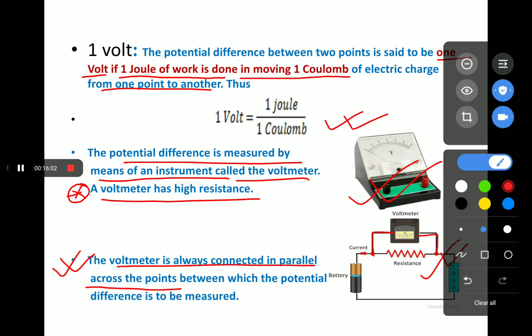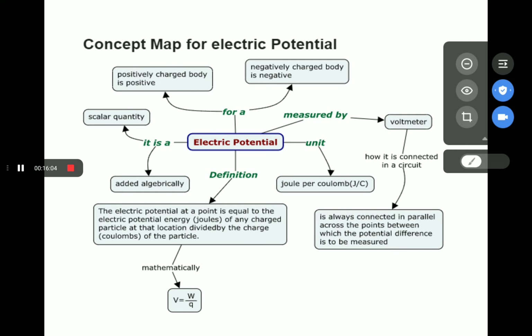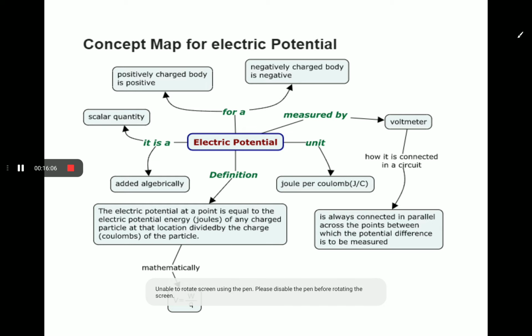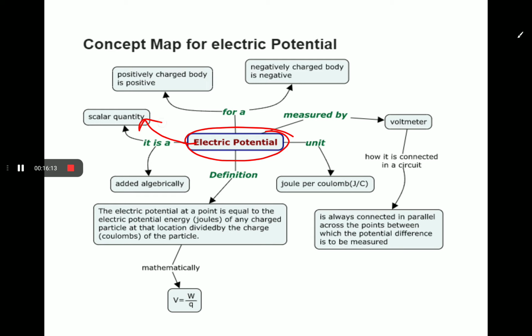Now, in the next slide, there is a concept map. In the concept map, there is electric potential, and electric potential is a scalar quantity. As it is a scalar quantity, it is added algebraically, and this is the definition for the electric potential which you already know, and this is the formula for electric potential. You have to remember it.